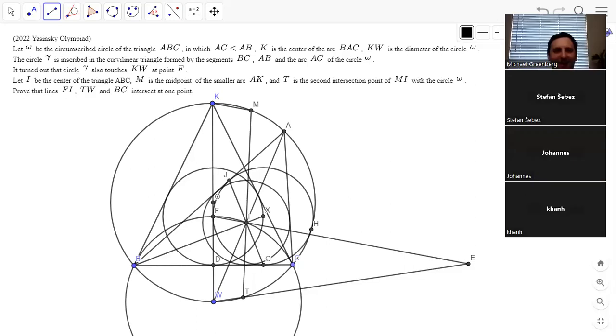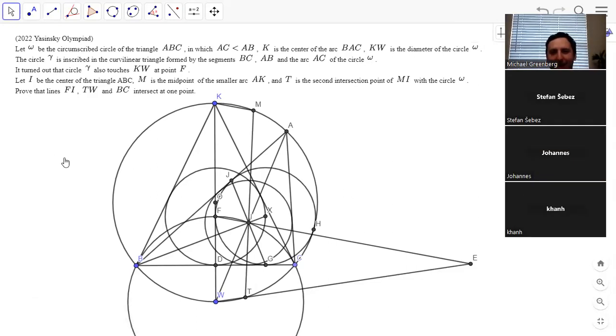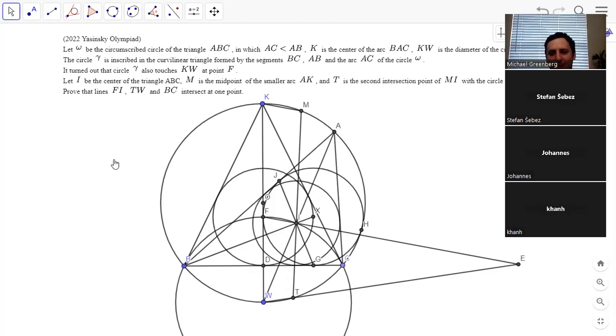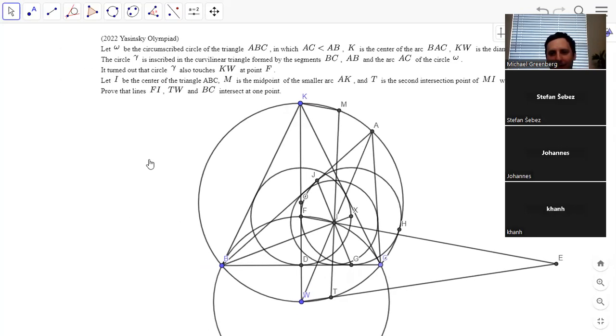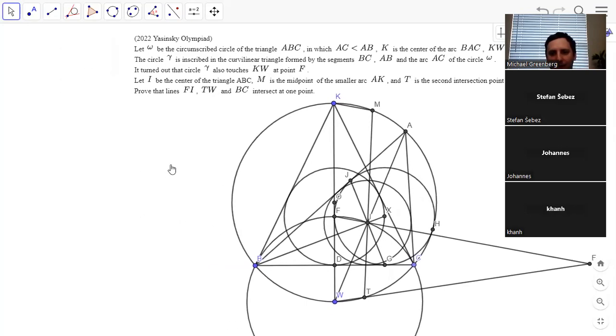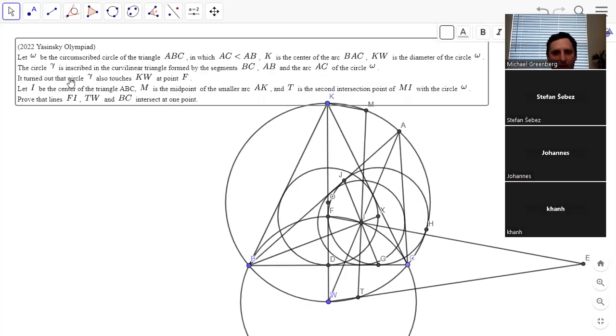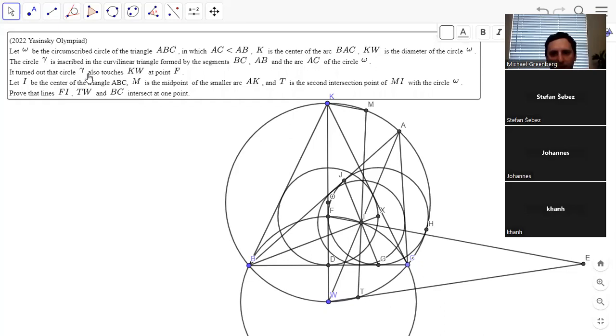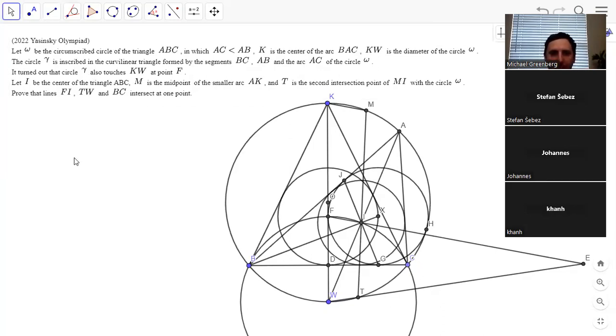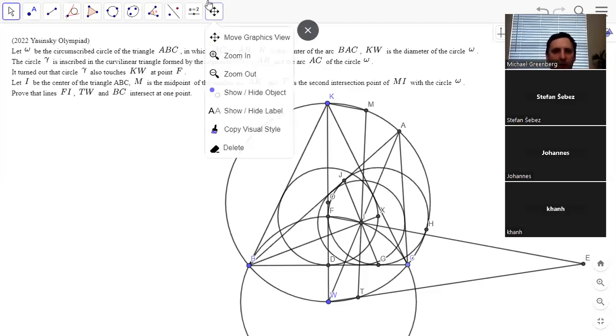This is fun. All right, so a lot of interesting stuff going on in this diagram. Gonna move this as far as I can just to make room. Okay, so I'll say let X be the center of gamma.